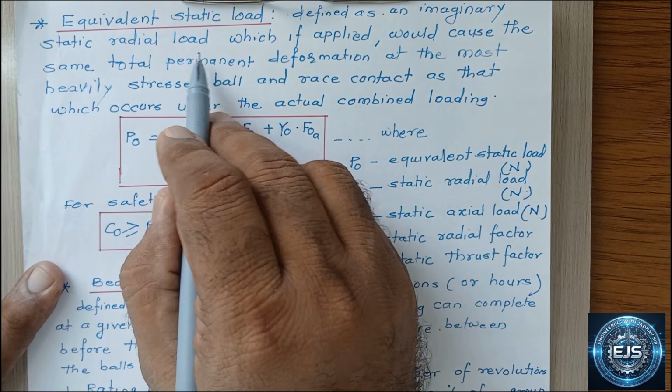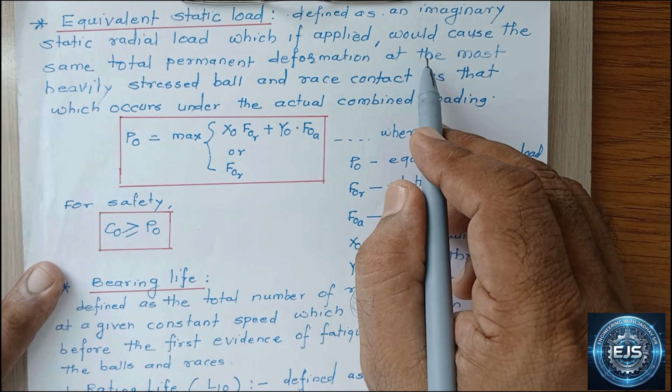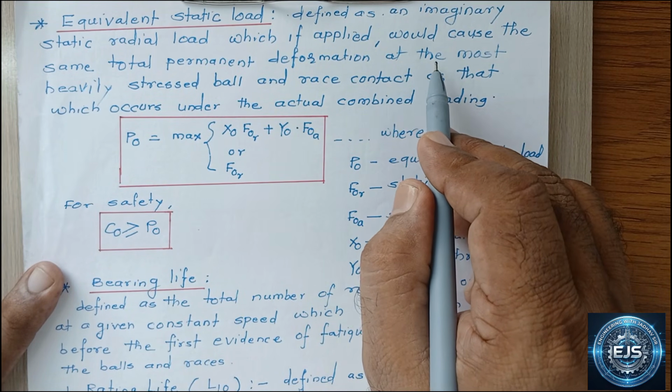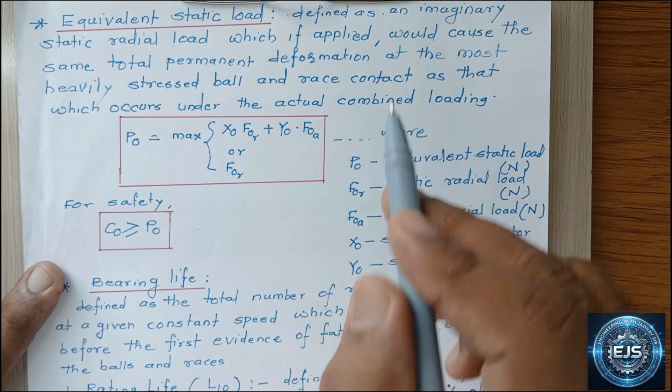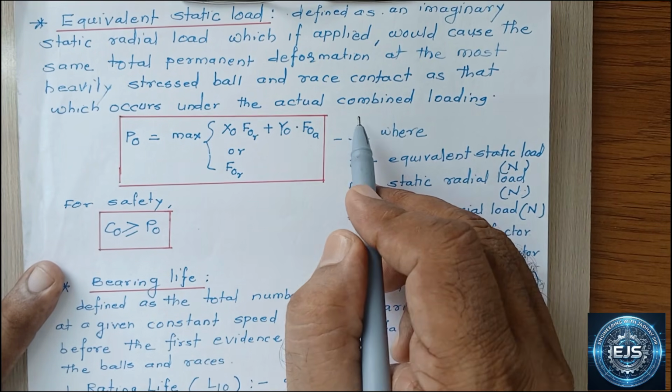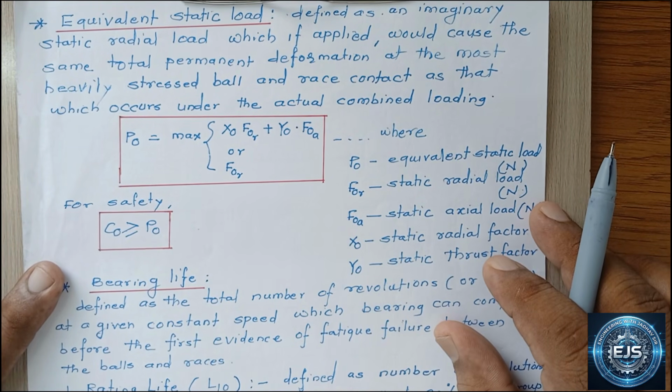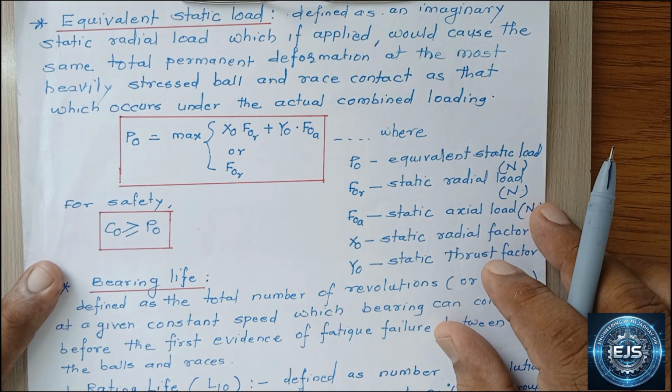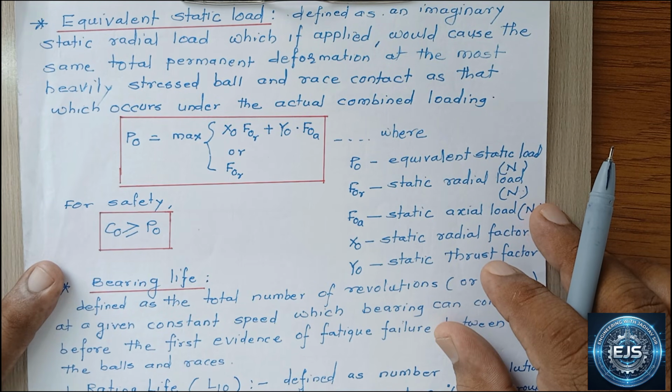So what is equivalent static load? It is an imaginary radial load which if applied would cause the total permanent deformation as that of the actual combined loading. ये imaginary radial load है, ये जब act होता है rolling contact bearing में, तो same permanent deformation produce करता है as that of the actual combined loading.